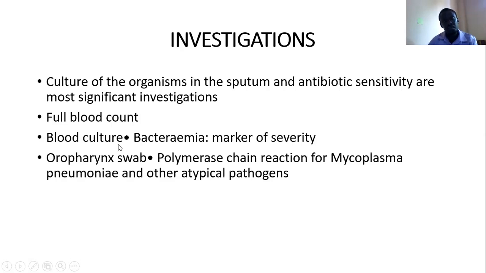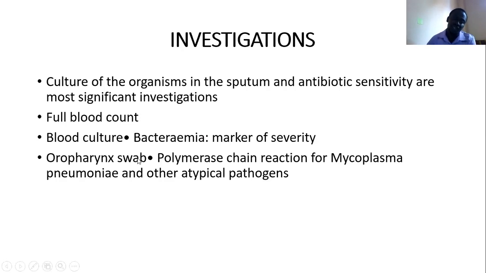You can do blood culture, and this is an indication of bacteremia. It is a marker of severity. But remember, we said only about 30% of the patients will have a positive blood culture.